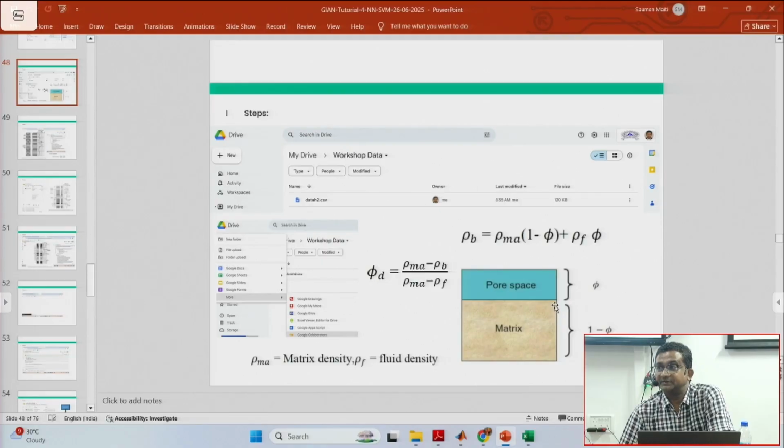Rho ma is the matrix density. Phi is your porosity. Rho f is the fluid density, but again there will be slight variation. Say if it is saline water in an oceanic setting, it may change slightly.